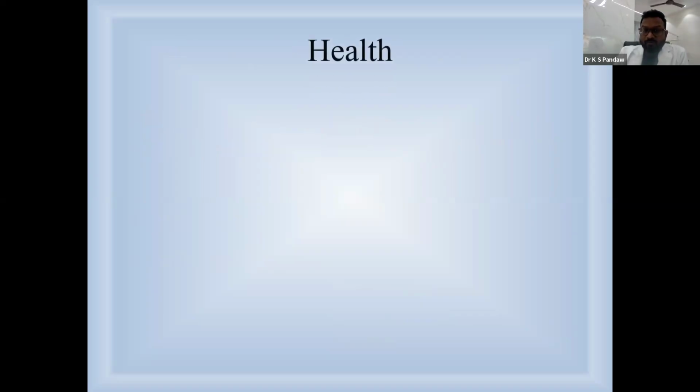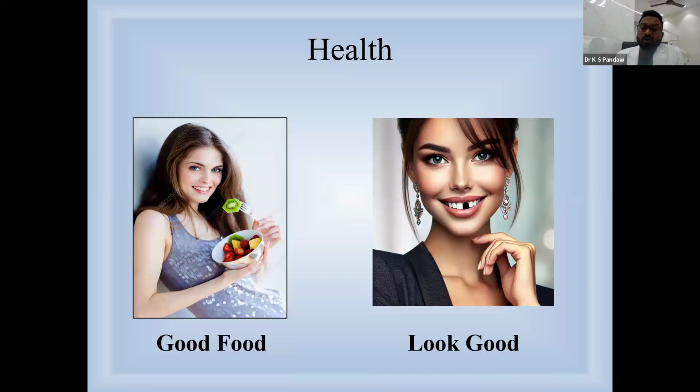So we will start from the very basic. If we talk about health, health is not only physical health. WHO consists of physical health and mental health both together. So if we say what are the two basic needs of a human to be healthy, it is good food and looking good, right? Good food for better physical health and looking good for better mental health.